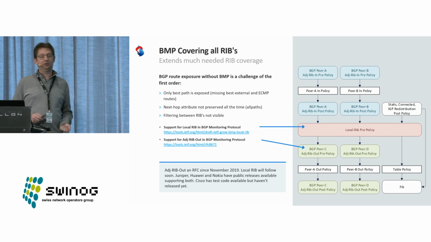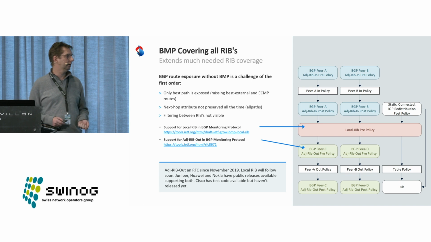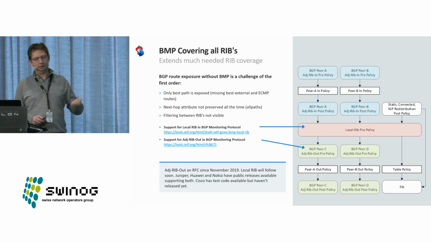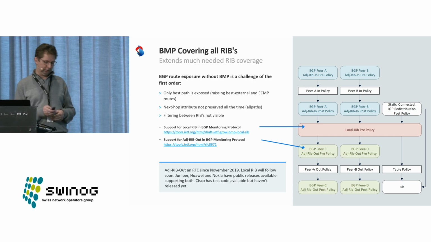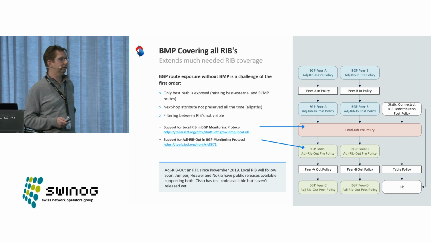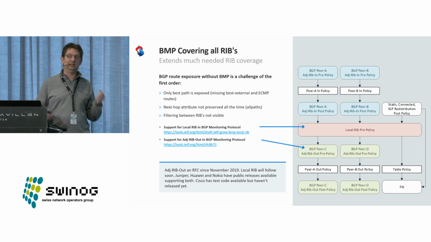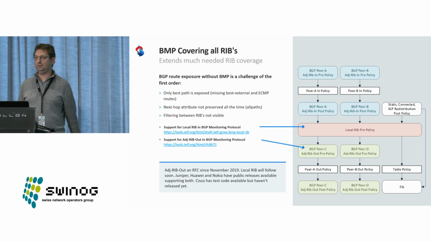In the meanwhile, Adj-RIB-Out has also been an RFC for about two years. And the local RIB part is now at the RFC editor and soon will be an RFC as well. So now, having all the visibility in all the RIBs brings us a new challenge.